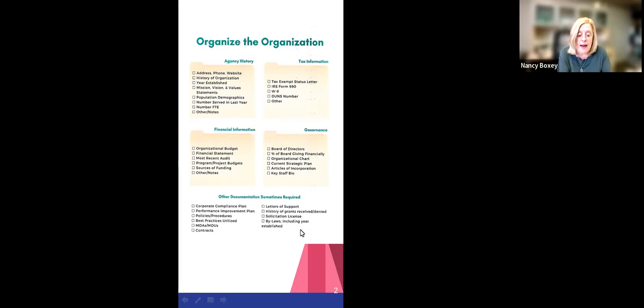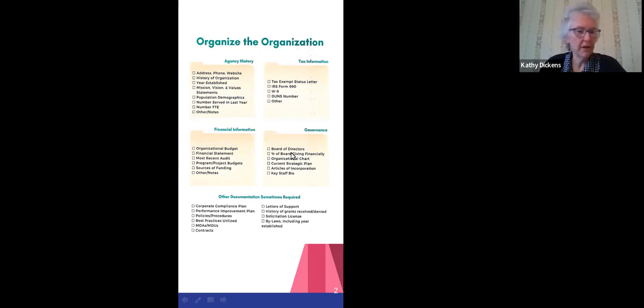And so if you have those bios put together, it's easy to pull up and insert where you need to have. These are just kind of what I call the housekeeping things that it's always good to have ready and at your fingertips. So again, you're not spending the time on what might be a limited application window to pull that information together.